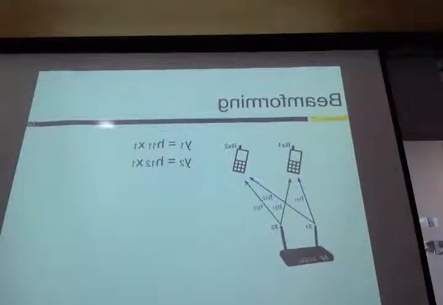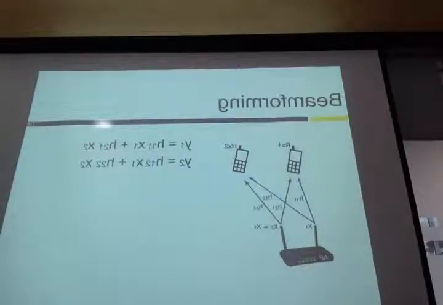The received signal at these two receivers will be a combination of all these sent signals. To explain the principle of beamforming, we say that X2 is identical to X1. Apparently, this is a trivial setting because the AP can send another signal on the second antenna rather than the same signal. But this setting helps us understand the idea of beamforming.